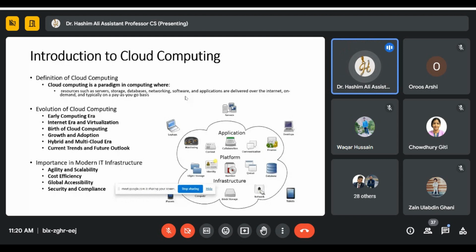In the early computing era for cloud computing, it basically goes back to the generations of the computer, specifically the second and third generation, which laid the basis for cloud computing, where mainframe computers were introduced in the third or fourth generation.